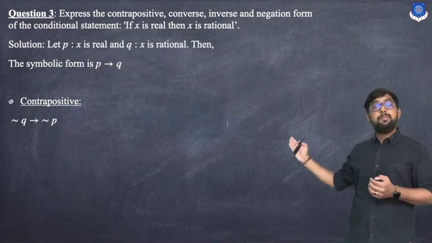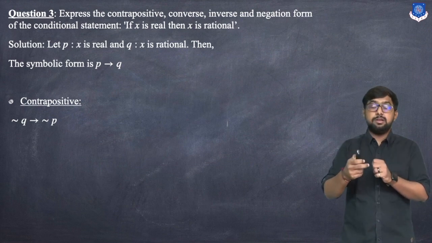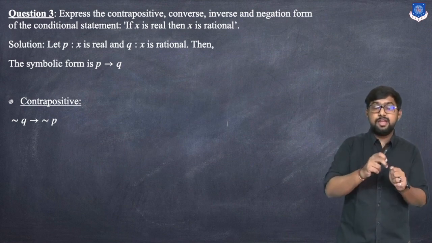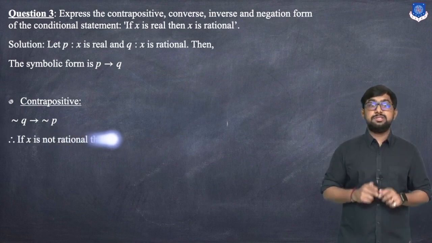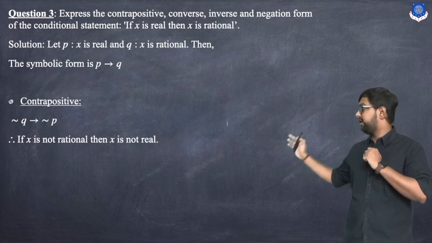So not Q implies not P. What does that mean? X is real is P, X is rational is Q, and here we have not Q. So the statement will be: if X is not rational, then X is not real.